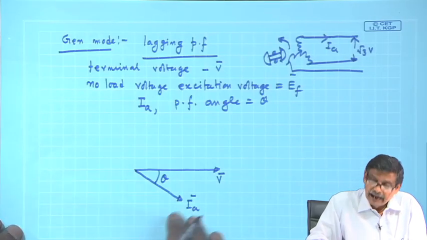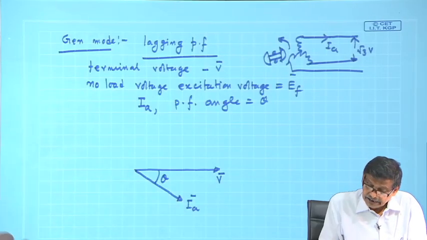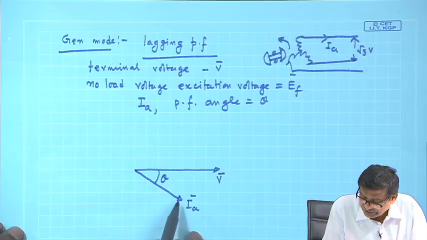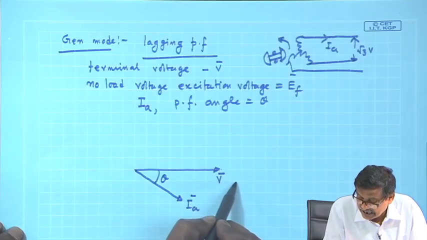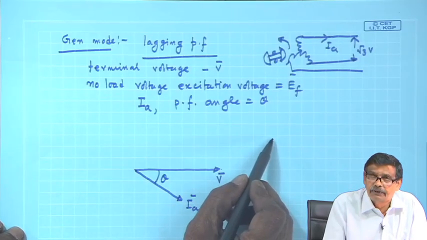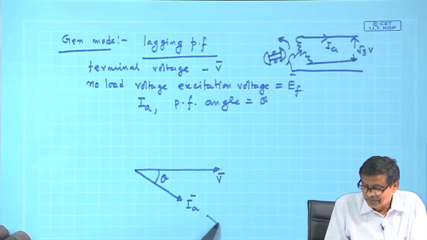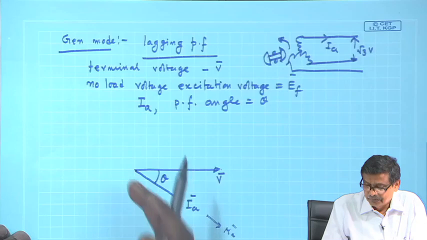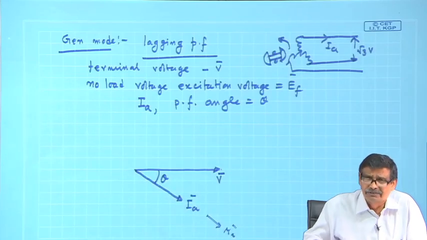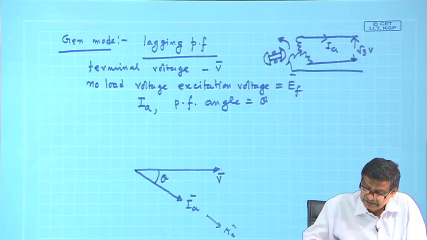Now, I have to add the drops. In the case of a cylindrical machine, it was so simple: V plus IA times jXs, so one reactance. But here I cannot do it, because your armature MMF can be anywhere, and the reluctances will be different, the same old story.